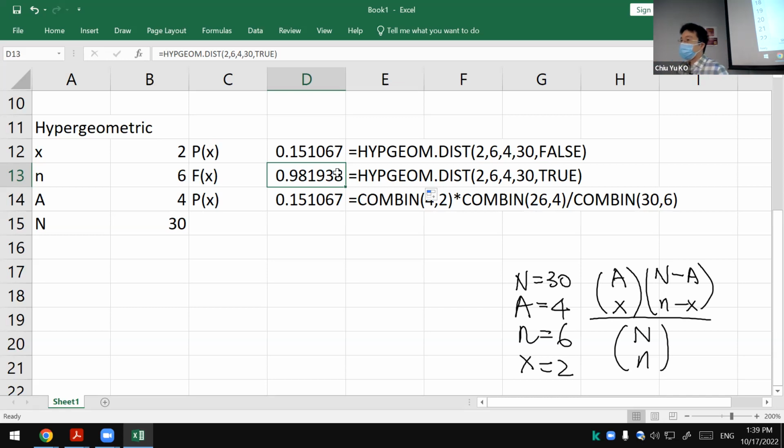So if you get more than 2, you would question whether the claim that the warehouse only has 4 defective items is a reasonable answer.